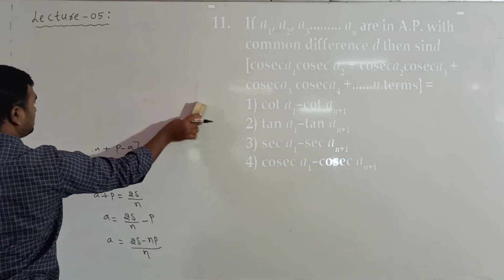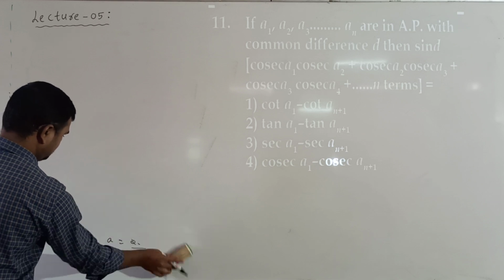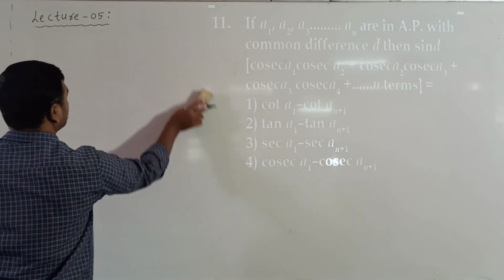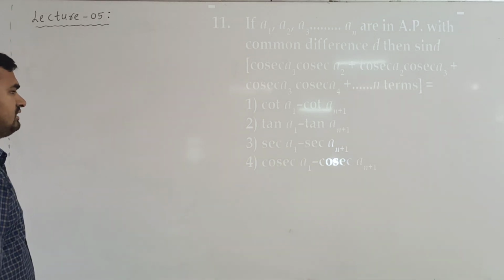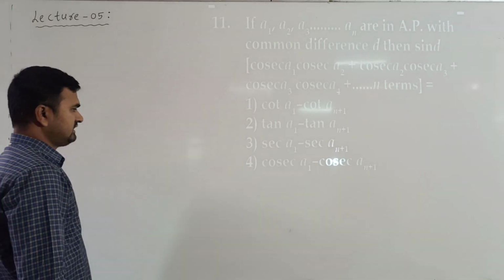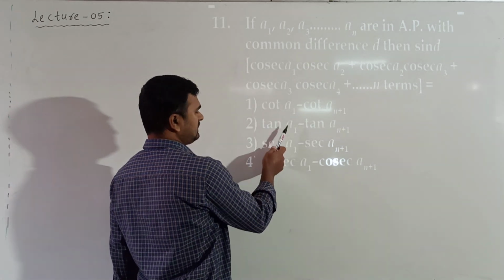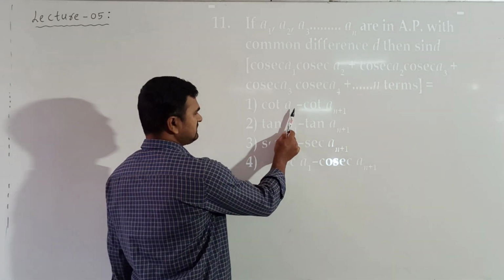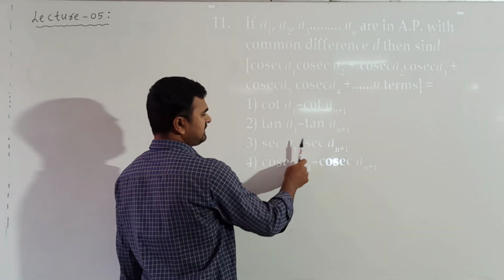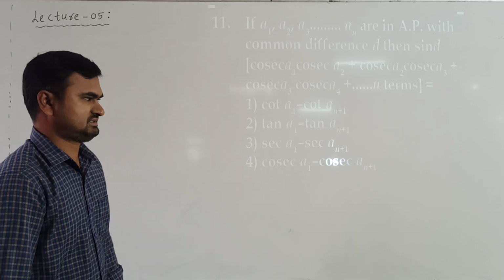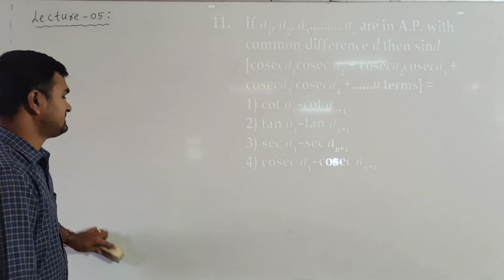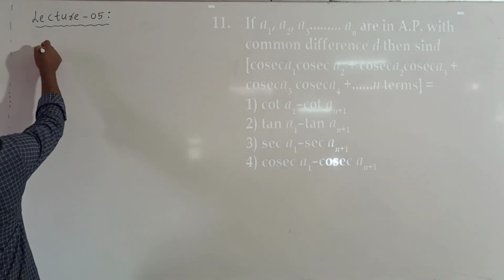Let us take the given summation as S, and you can see the options. They are given in terms of cot, tan, secant, cosecant functions, and we have A1 and n plus 1 terms.